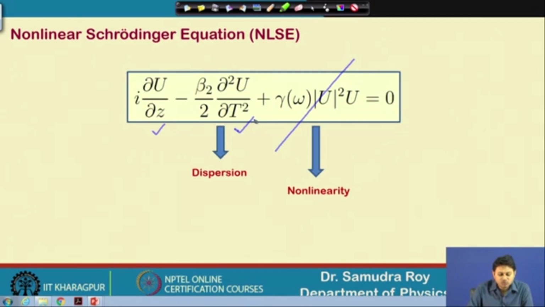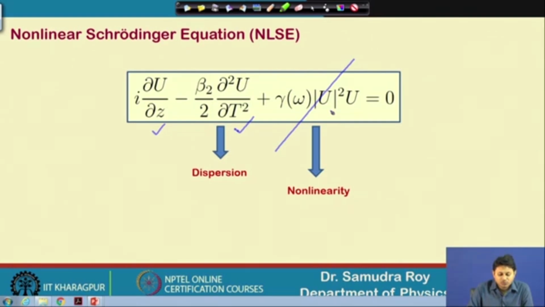So, these two are quite the same, the only difference here in optics is that we have an additional term. This is nothing but a potential term, as in the quantum mechanical Schrodinger equation, and this potential term is nonlinear in nature. That means, if you say u is a wave function, then the potential is generated by the wave function itself.